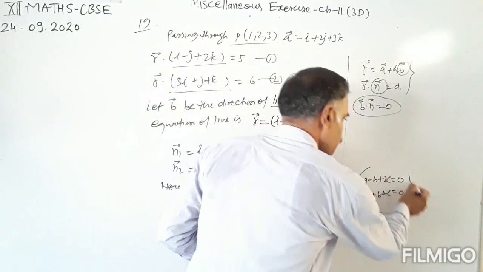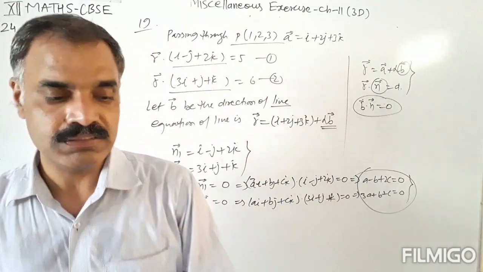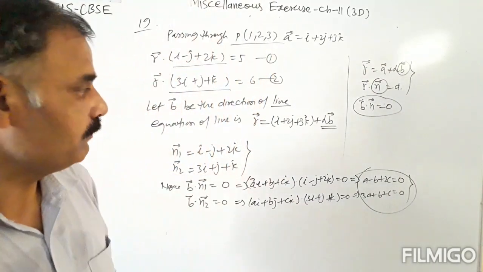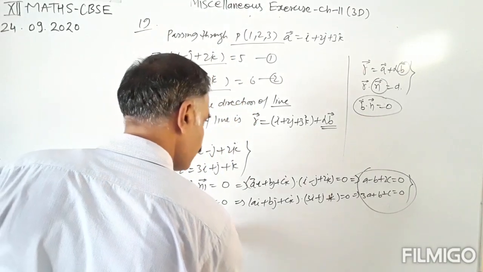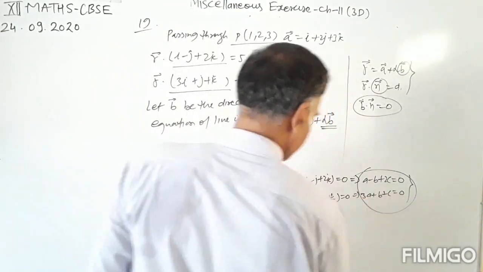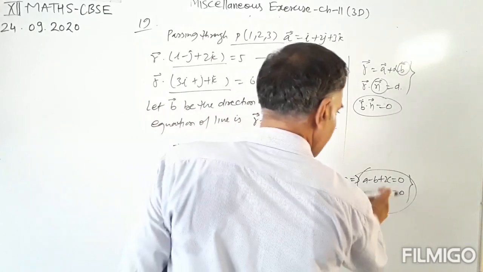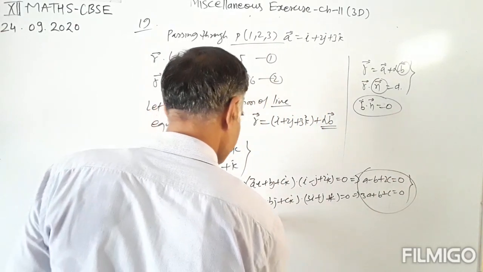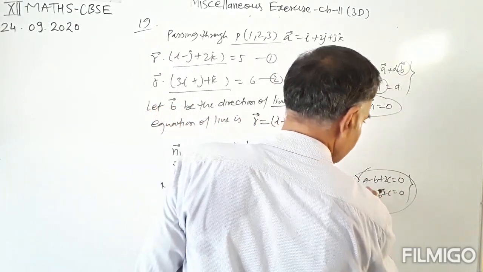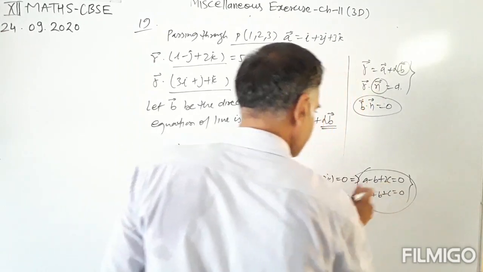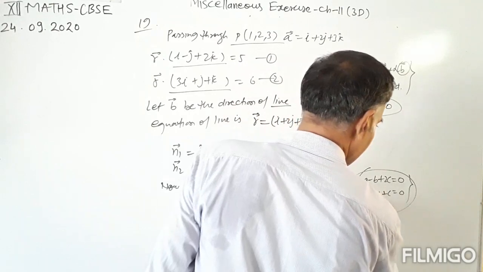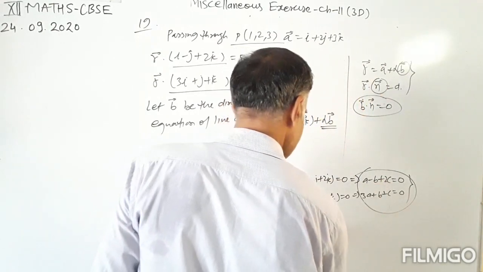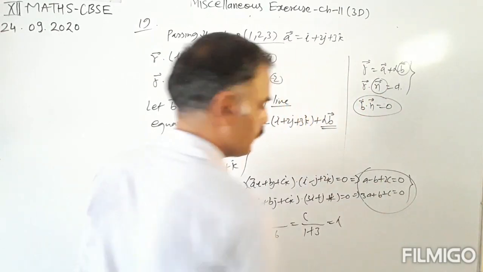Now solving these two equations using the matrix method, we get the values of a, b, c. So a upon (minus 1 minus 2) equals minus b upon (1 minus 6) equals c upon (1 plus 3) equals lambda.